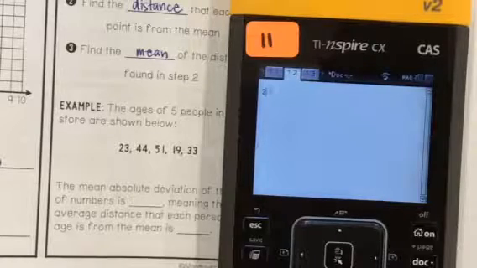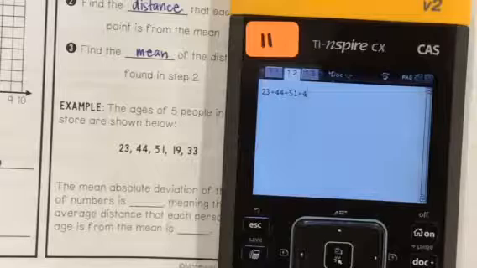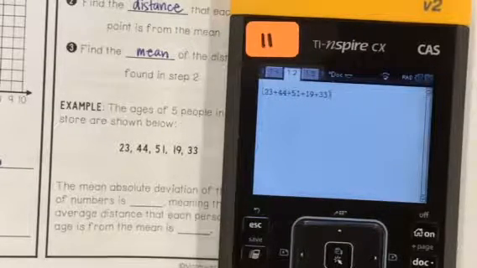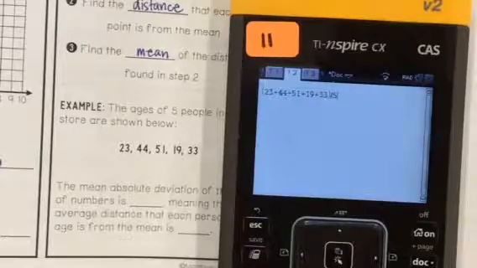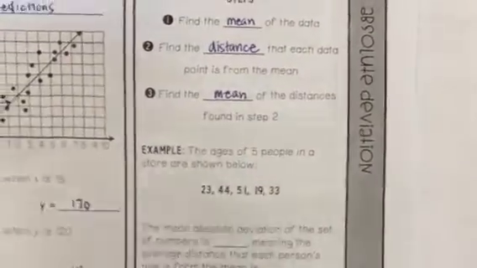We would add them all up, 23 plus 44 plus 51 plus 19 plus 33. And there were 5 numbers, so I divide by 5. So my mean is 34, or we call that x bar.